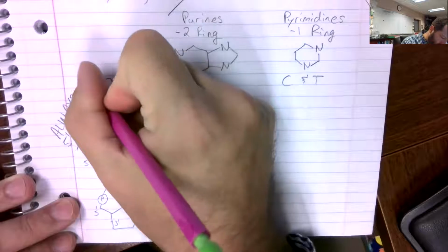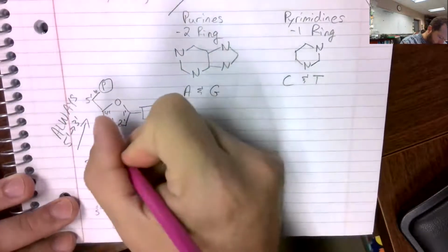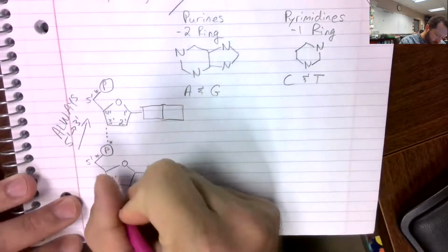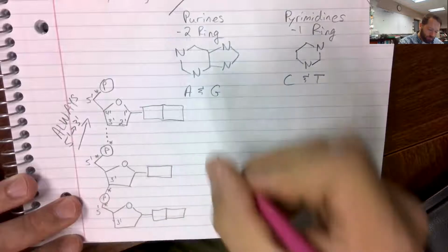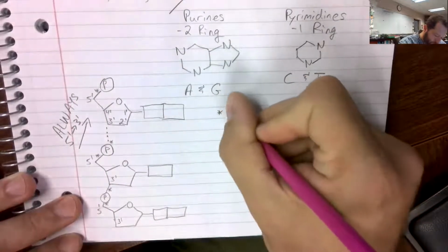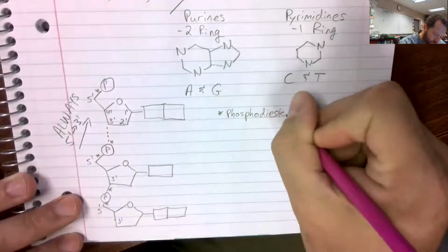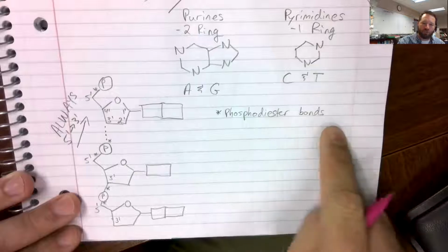All right, we put a couple of stars here next to bonds. So the bond between this 5' and the phosphate. This one eventually will be. This one here is. This one here is. And this one here is. All these stars, these represent phosphodiester bonds.